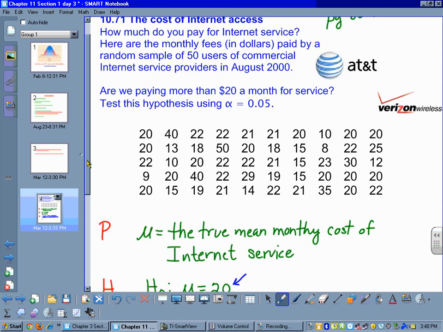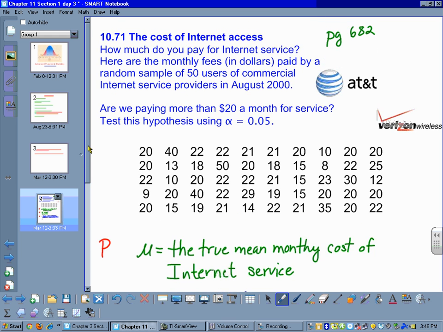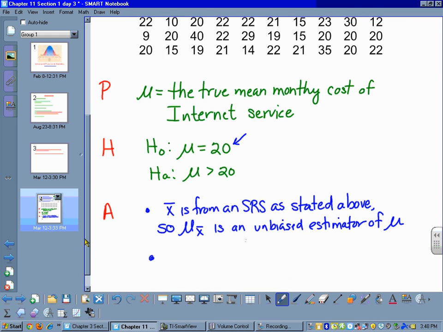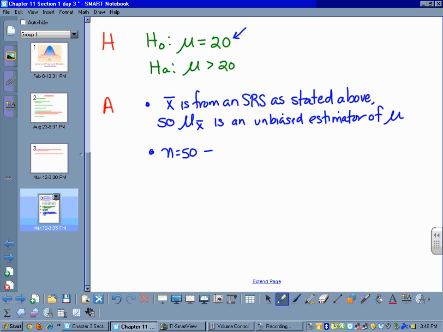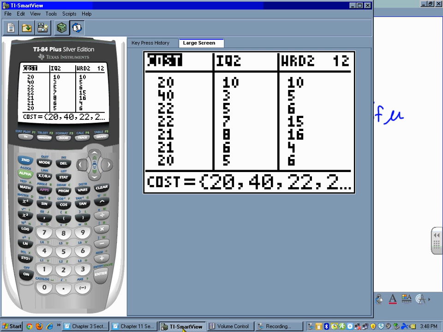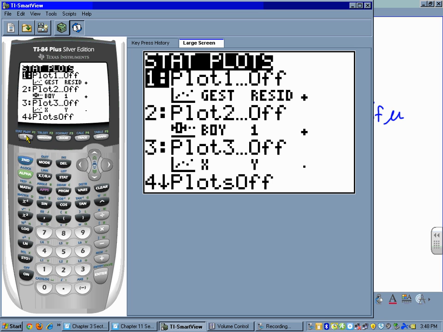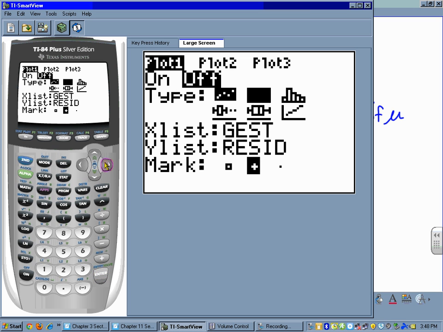approximately normal distribution, and we're not told anything about the population. So I have n equal to 50, which means I can absorb quite a bit of skew, but I must check for outliers. So I need, in my calculator, to have loaded the list, called cost in mine. And I am now going to plot this data in a histogram.